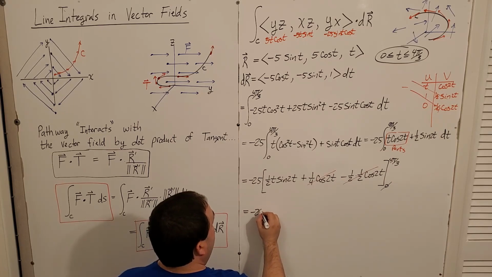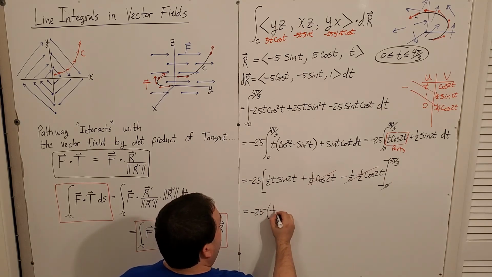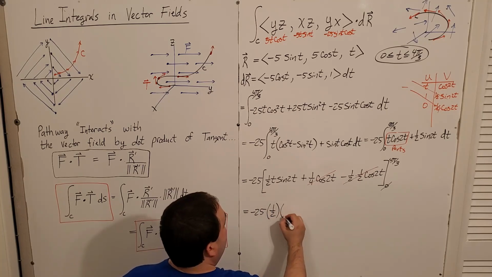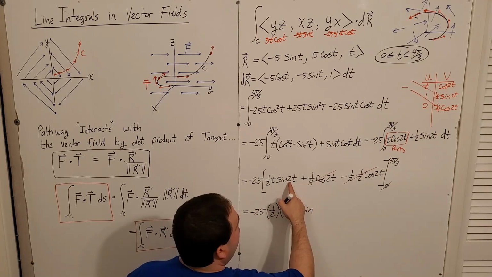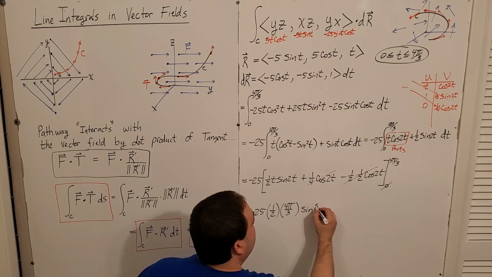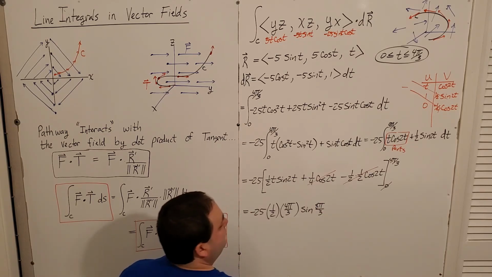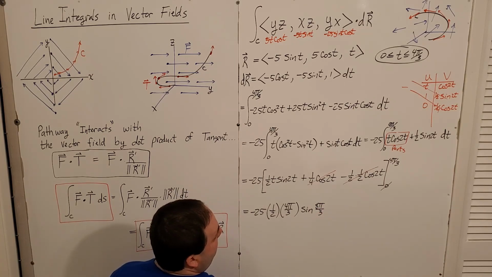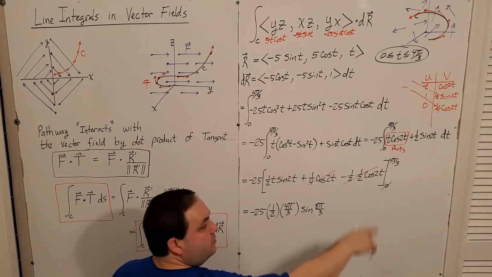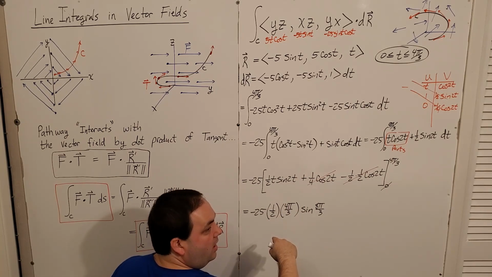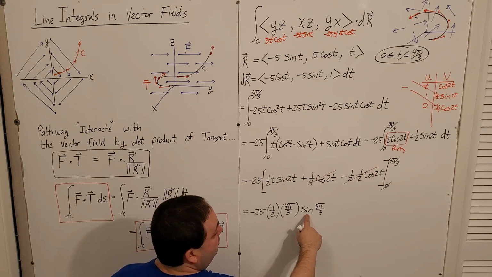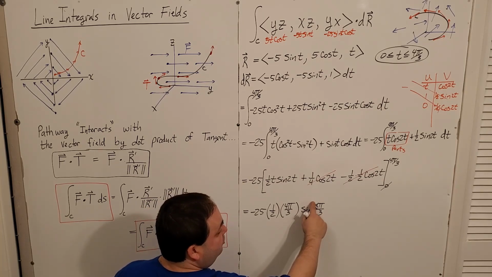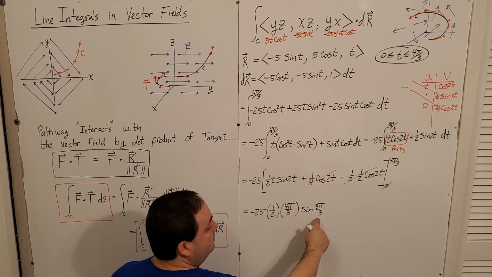So I have negative 25 times 1/2 times 4 pi over 3, because it's t, and then sine of 2 times 4 pi over 3, that would be 8 pi over 3, sine of 8 pi over 3. Well, 8 pi over 3 is bigger than a full cycle by 2 pi over 3. So it's really the same thing as sine of 2 pi over 3, yeah?